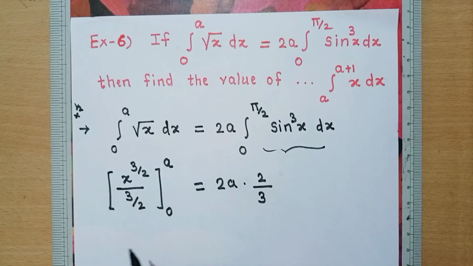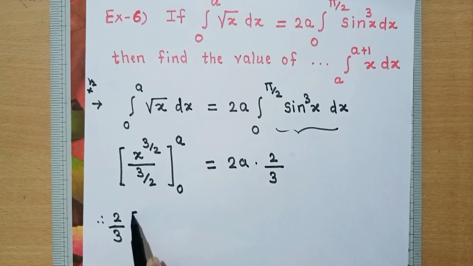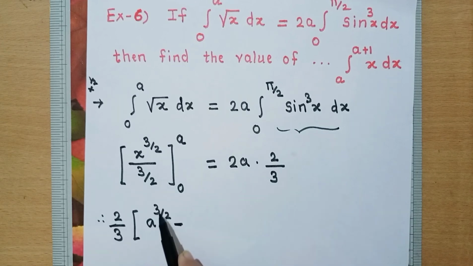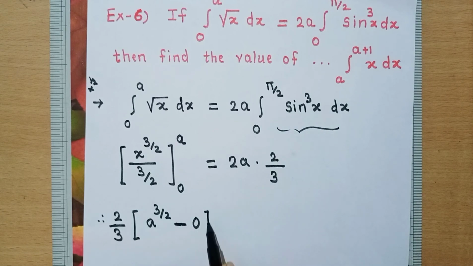This 2 will go upside, and therefore we will take the constant outside, which is 2 upon 3, and inside first we will substitute the upper limit a raised to 3 by 2, middle sign minus, then substitute 0 here, so it is 0, and the right hand side as it is.